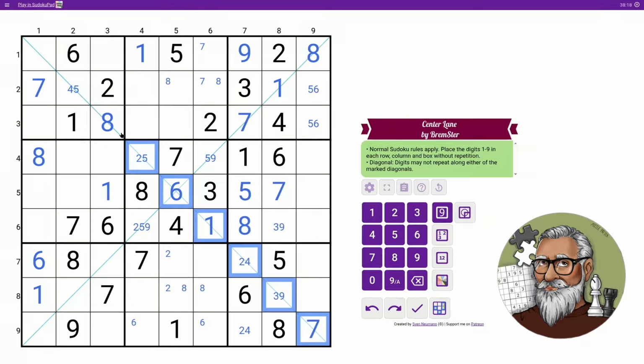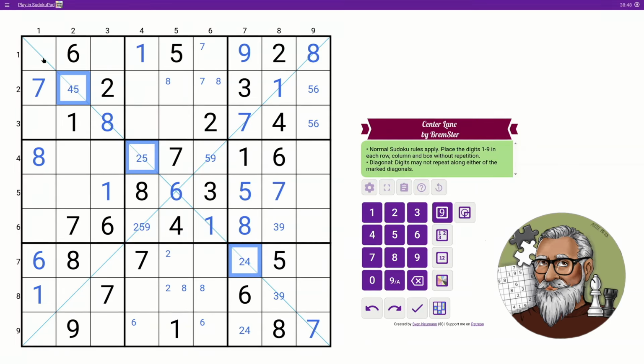Now this is interesting. On the negative diagonal, if you look at this diagonal, we have 4, 5, 2, 4, and 2, 5. Those are the 3 digits 2, 4, 5 in 3 different cells, which means that we can't have 2, 4, 5 anywhere else on this diagonal. Remember, we needed a whole set of the digits 1 to 9 because we can't repeat. 3 digits in 3 cells, well, that means you don't have any option anymore.